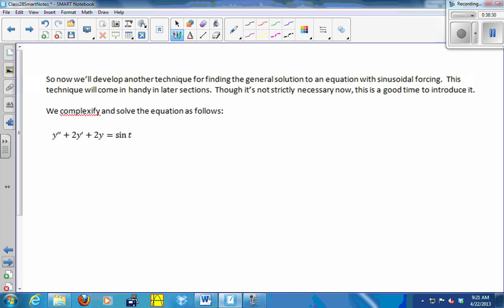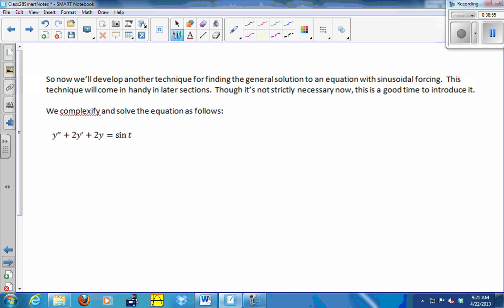The technique is going to come in handy later. Even though it's not strictly necessary now, because we can do it by using an appropriate guess, alpha cosine plus beta sine, it's a good time to introduce it. We're just going to solve the same equation we did before, but using a different technique.